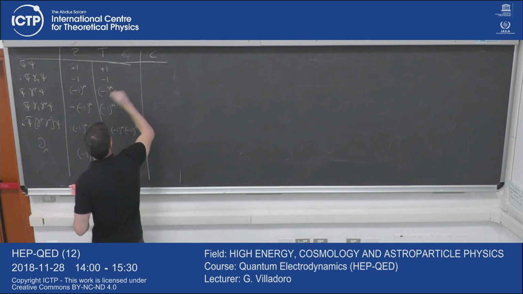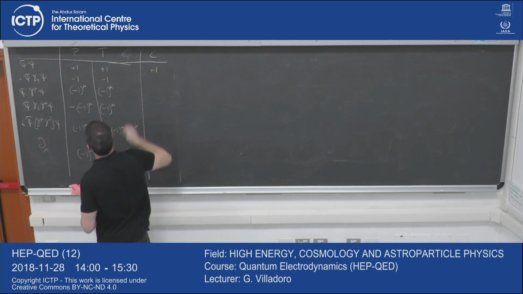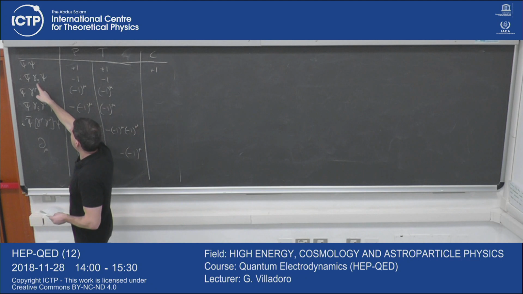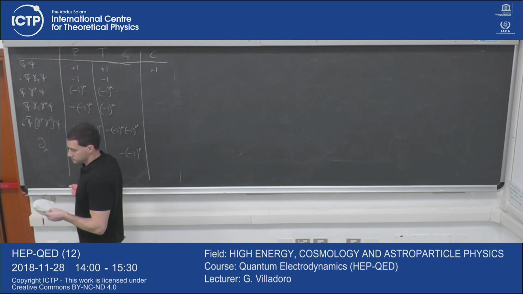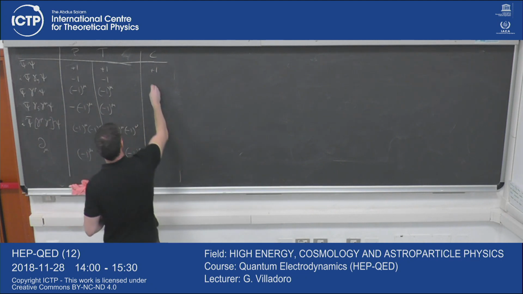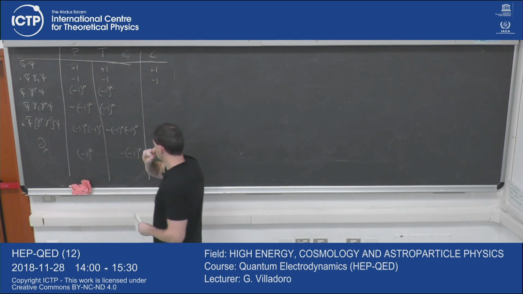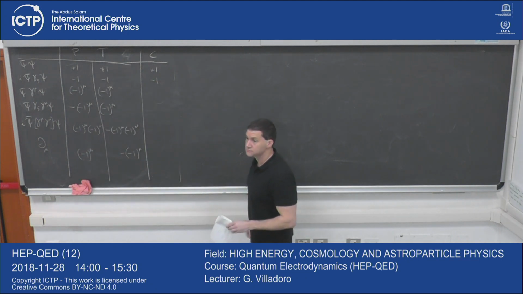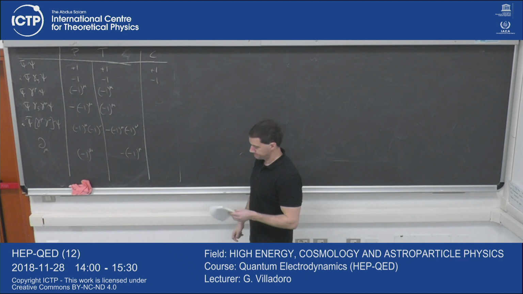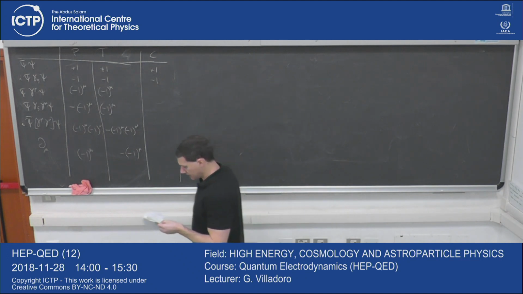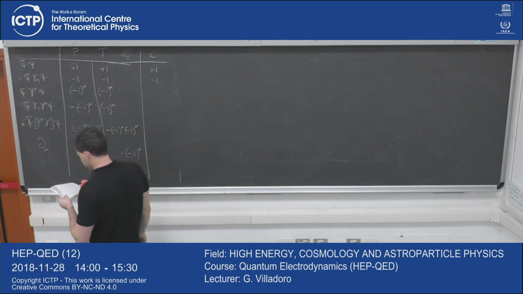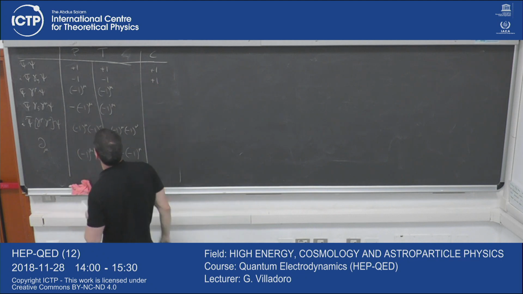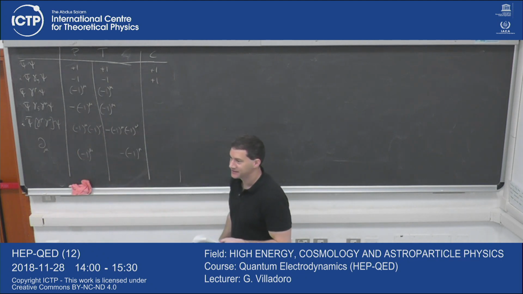Well, psi bar psi is invariant. i psi bar gamma 5 psi goes to -1. Sorry, +1. Mistake.